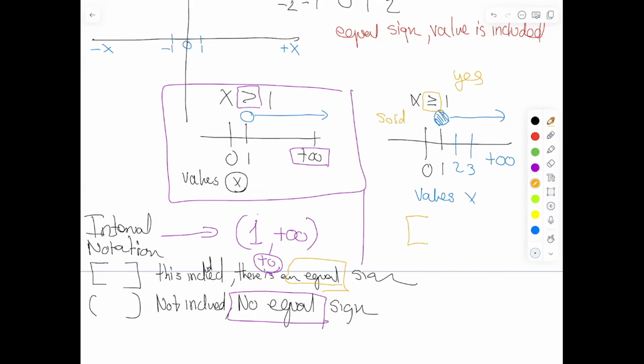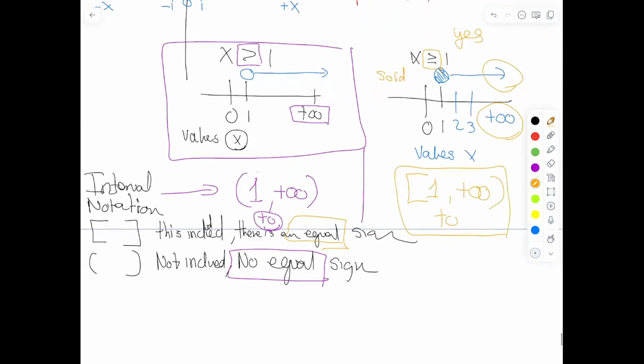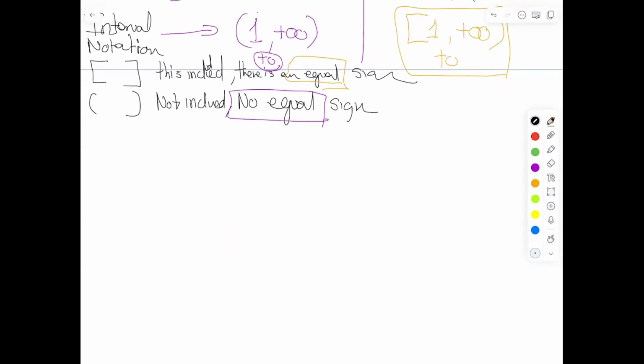The first value is 1, comma, to. Do I know where this stops? No. Positive infinity. This is interval notation.